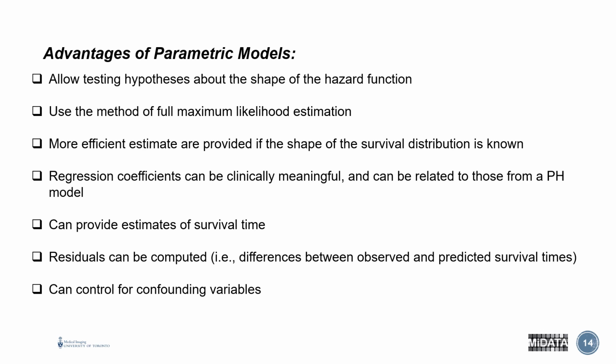So if you are interested in actually obtaining an estimate of time, then parametric modeling is what you need to do. Some of the other advantages are less impactful in the sense that residuals can be computed. So that's something that you may want to look at, right? The differences between observed and predicted survival times. And importantly for us, we can control for confounding variables, and we've seen a lot of that in this course. And so this is just an extension to that.